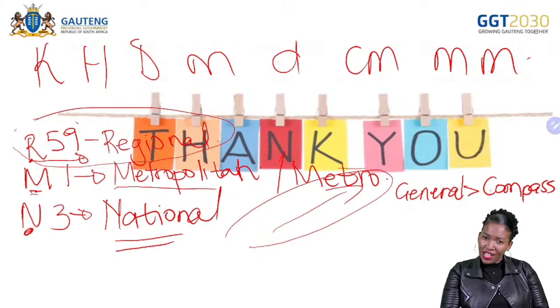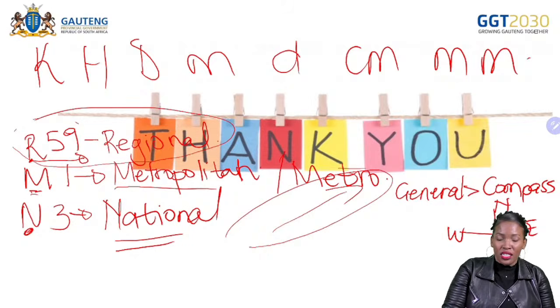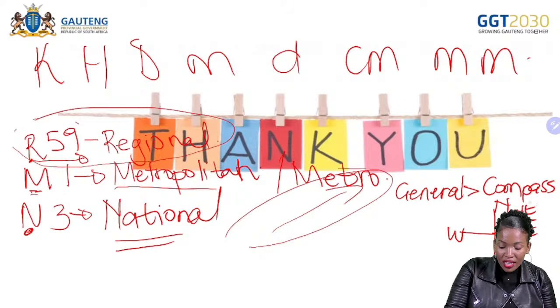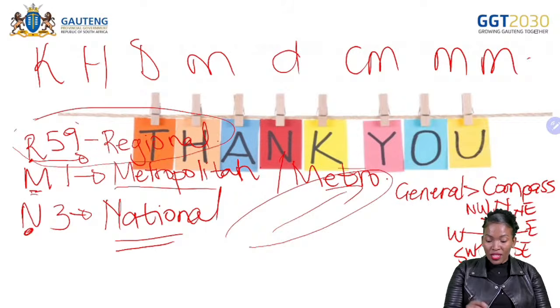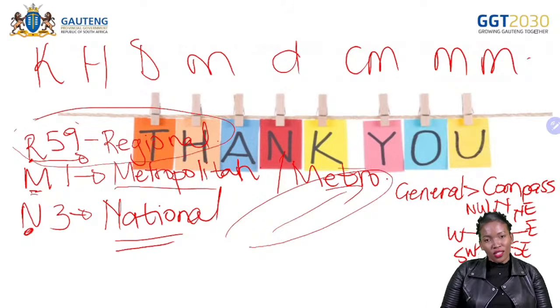The compass directions. And what are the compass directions? North, south, east, west, and then you've got your northeast, southeast, southwest, and lastly, northwest. So those are the general compass directions that you are going to use. When the question says give the general direction, the compass direction is your answer.